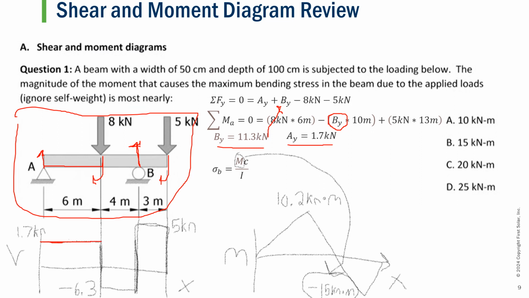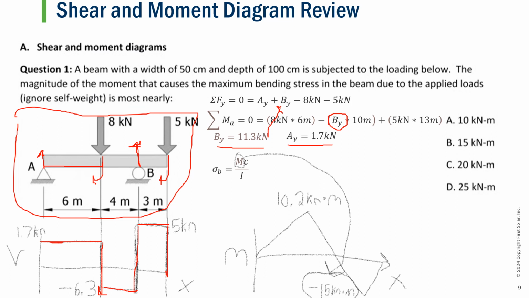So the difference between these two values will be 1.7 minus 8, resulting in a negative 6.3 shear force up until this point, with no change until we get to BY, where BY is equal to 11.3 kilonewtons. So 11.3 minus 6.3 is a positive 5. And then we run this value until another force is applied to the beam, which is a negative 5. So 5 minus 5 will bring our shear force diagram back to 0.